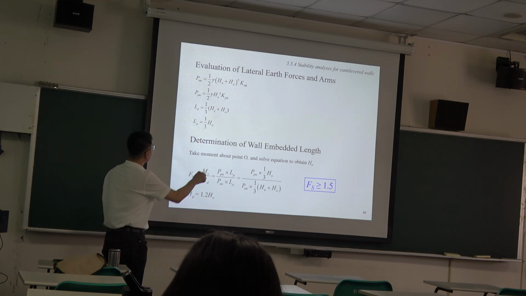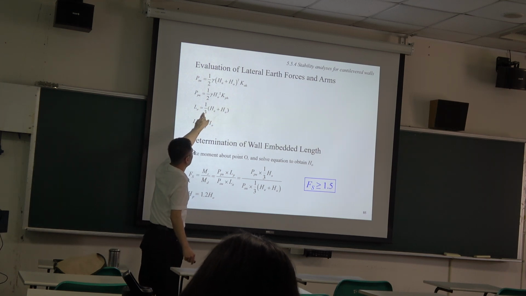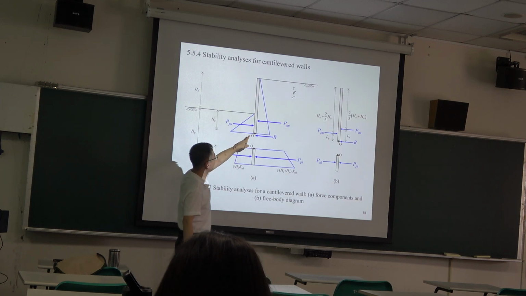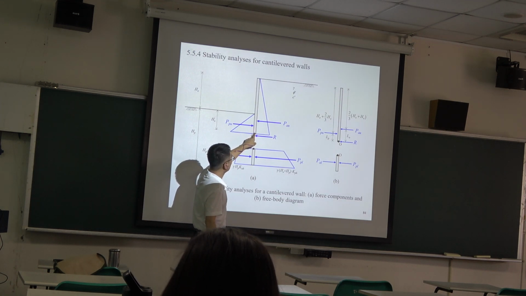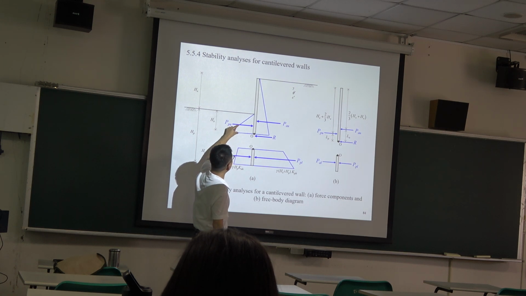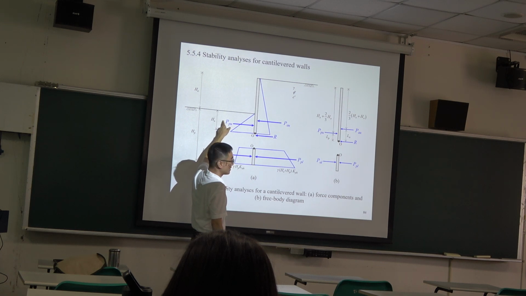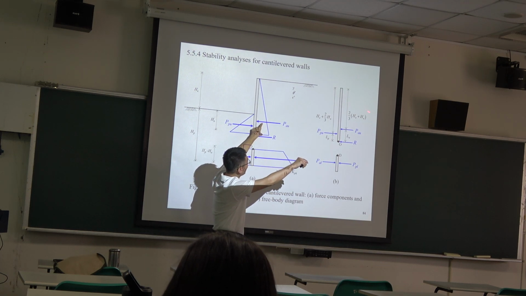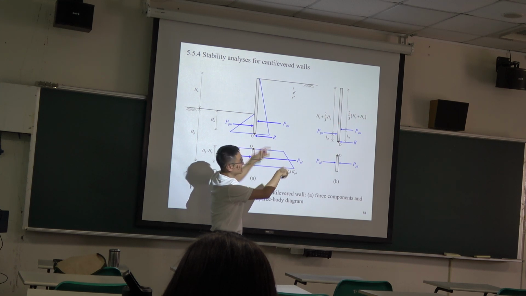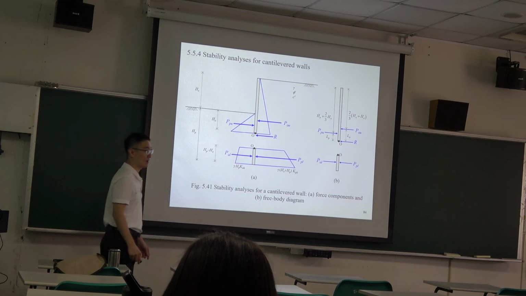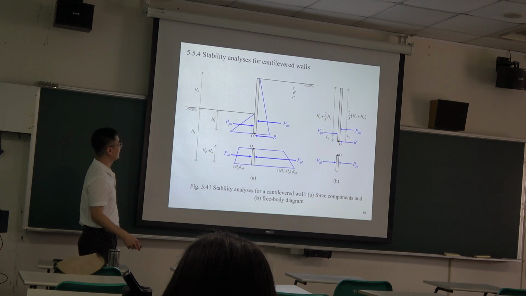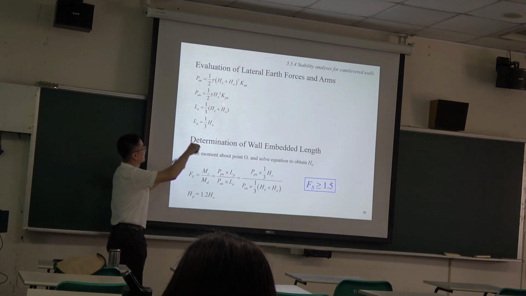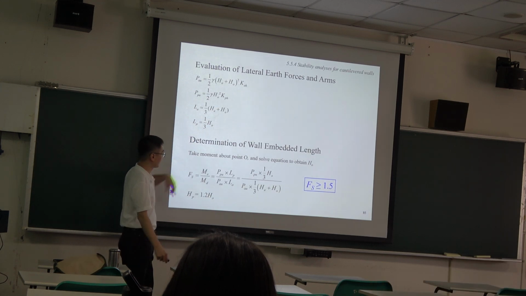Then for the lever arm, we consider from point O. This distance is 1/3 of HO, and this distance is 1/3 of HE plus HO. So that's the lever arm.